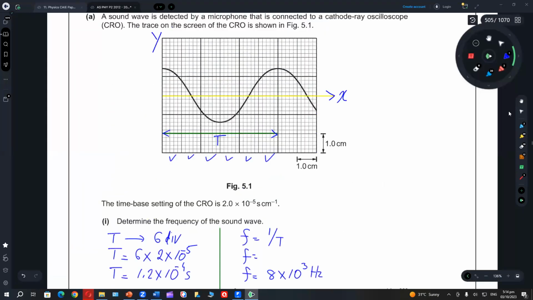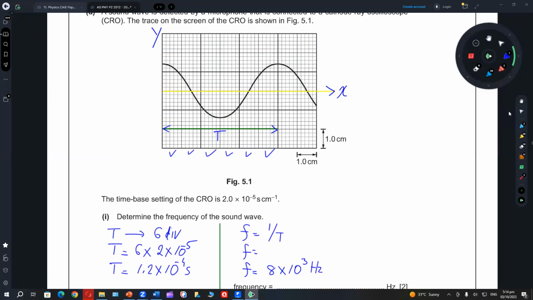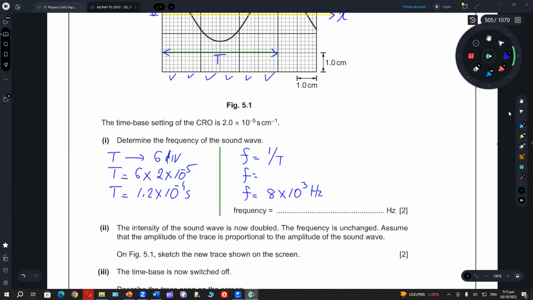We can count the boxes for the amplitude, or we can give it any scale. So this is the initial amplitude. How much is it? Is it 1.2 centimeter, or what should I do? Because it's 1 centimeter. Yeah, 1.4, should I say? It's 1.4, right? Right.